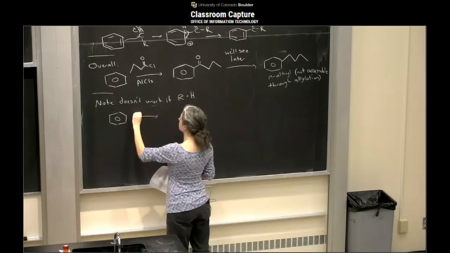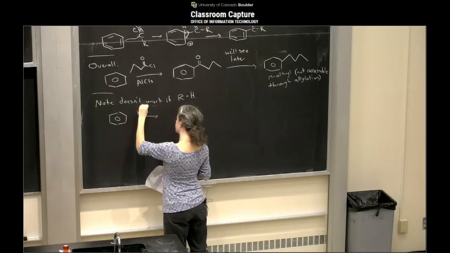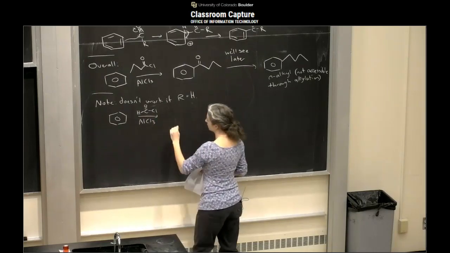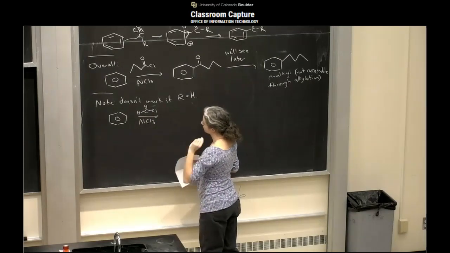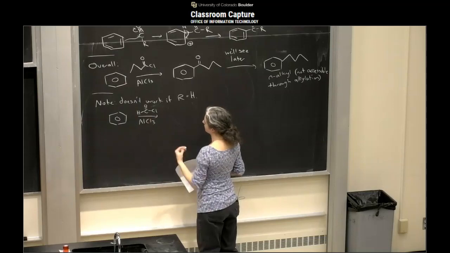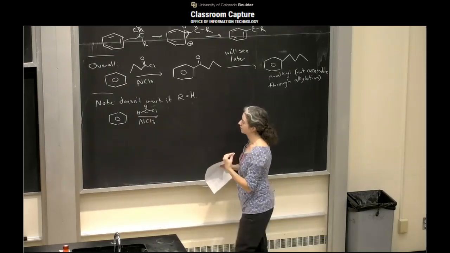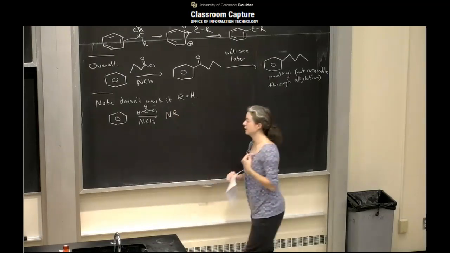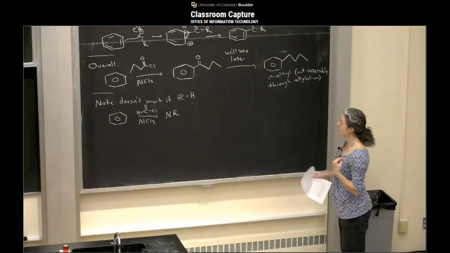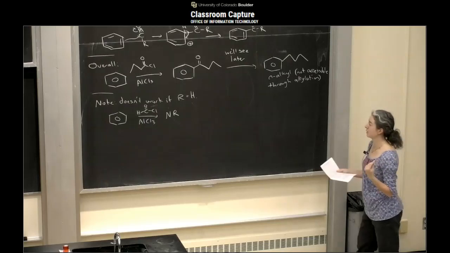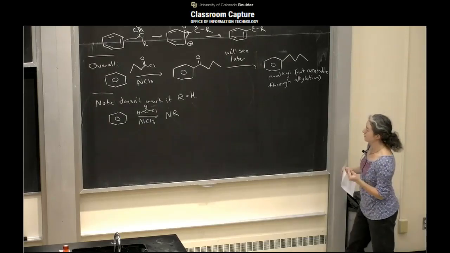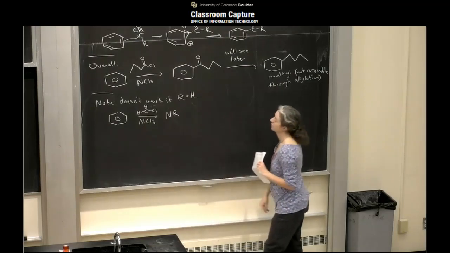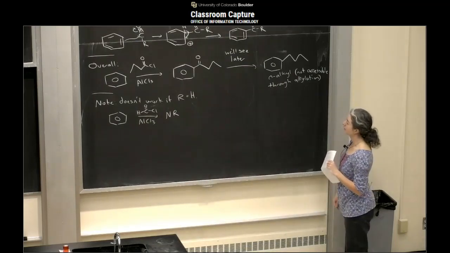If you try doing it with this acid chloride, it turns out it's actually going to break down to, I think, carbon monoxide and HCl. So you actually need special reagents to make that happen. It's a separate reaction called Gattermann-Koch formylation, because this is a formyl group, that we're not going to bother getting into.